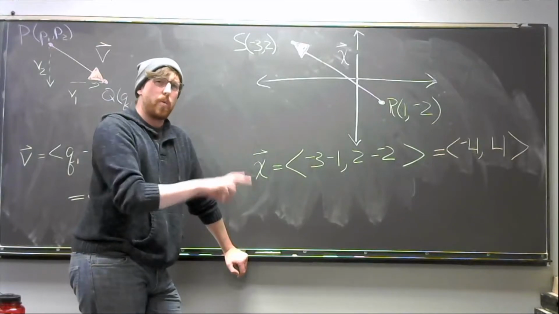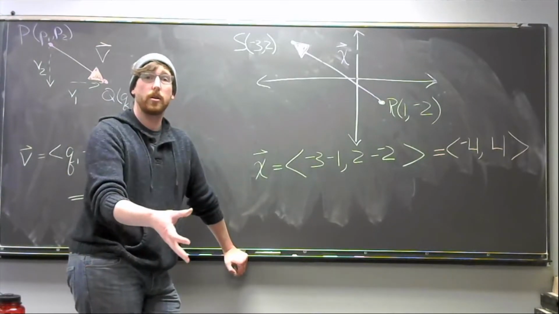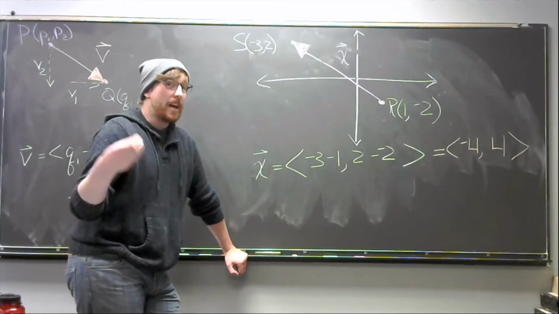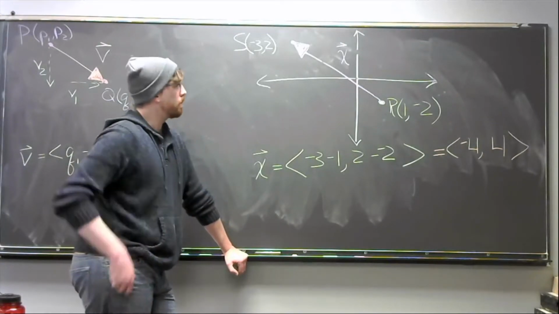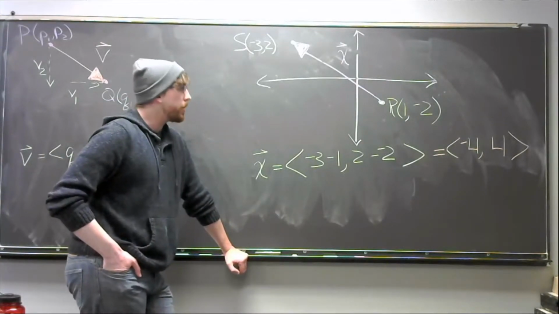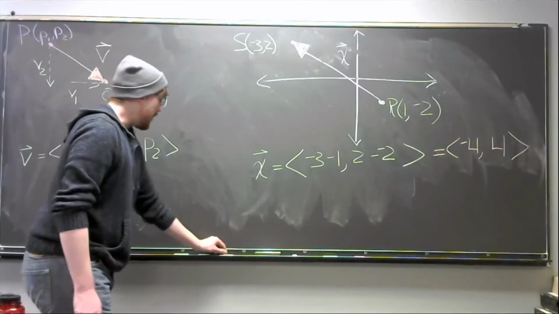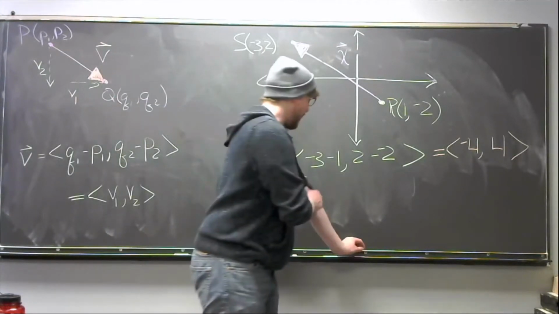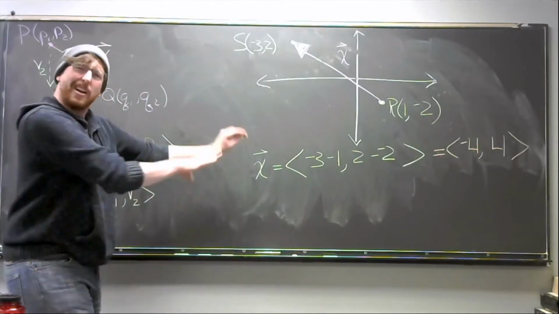So this is another way of determining whether or not two vectors are equivalent. If two vectors have the exact same component form, they must be equivalent. Also, this means we can now easily find the length of x. I don't have to calculate the difference anymore because I already have it.